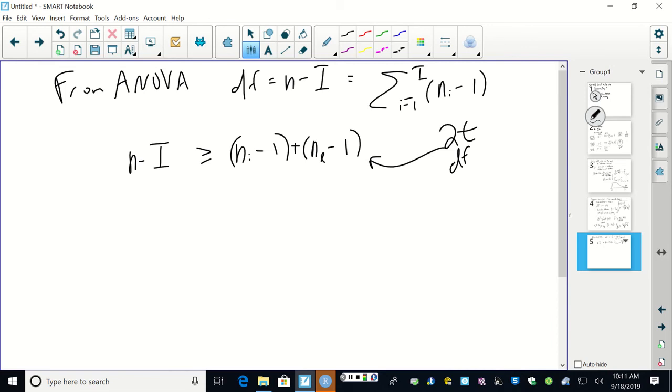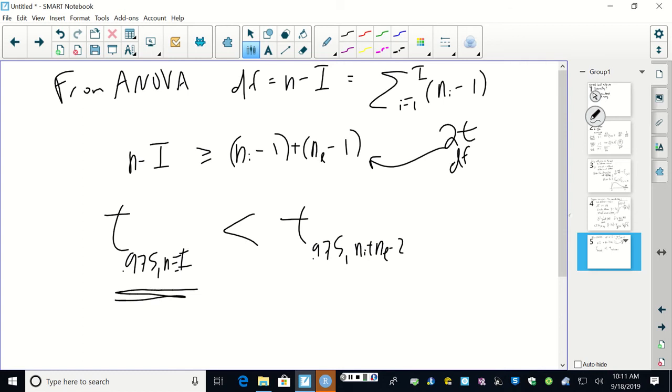And the consequence of that is that the t distribution's 0.975 cutoff, with the larger degrees of freedom, is going to be smaller. So our t multiplier is smaller in the ANOVA context than it would be in just a two sample t-test.